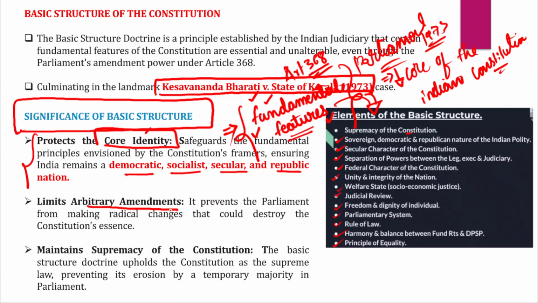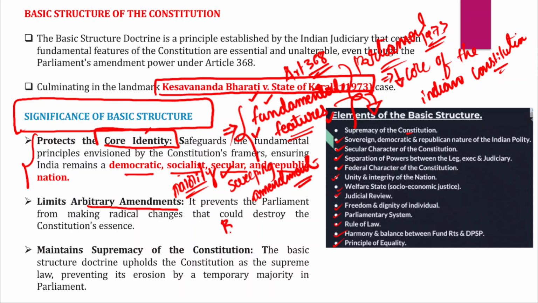Okay. Now, arbitrary amendments in the sense that whenever the government has a majority, whenever the government has the numbers in the parliament, then the government could make sweeping amendments to the Indian Constitution, and that could potentially destroy the basic character of the Indian Constitution.